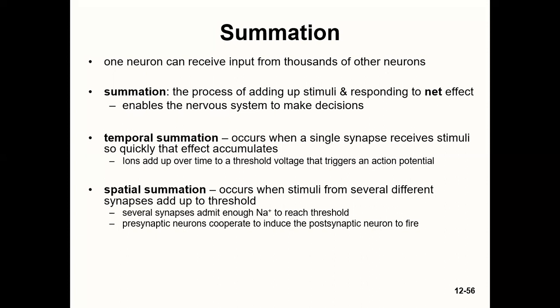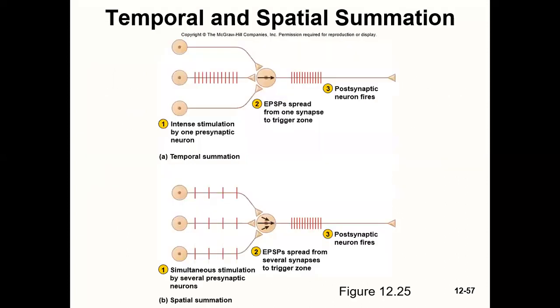Spatial summation occurs when stimuli from several different synapses add on top of each other. So several synapses can emit enough sodium to reach threshold. Presynaptic neurons will cooperate to induce the postsynaptic neuron to fire.